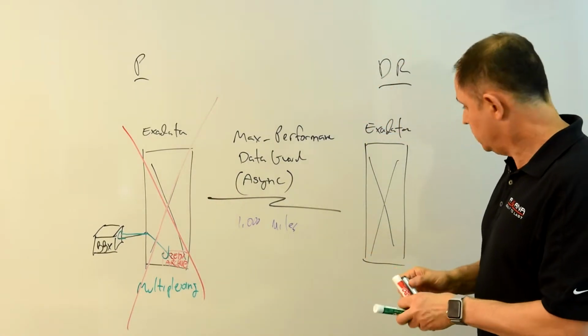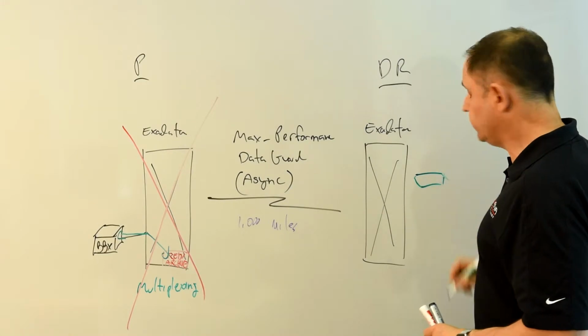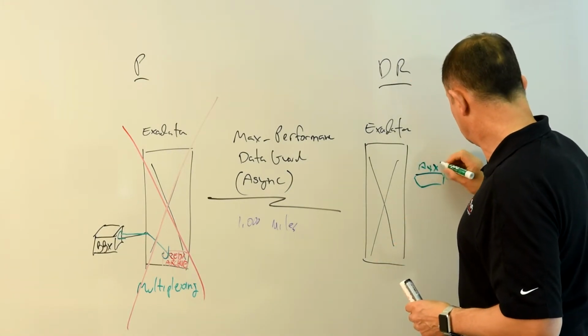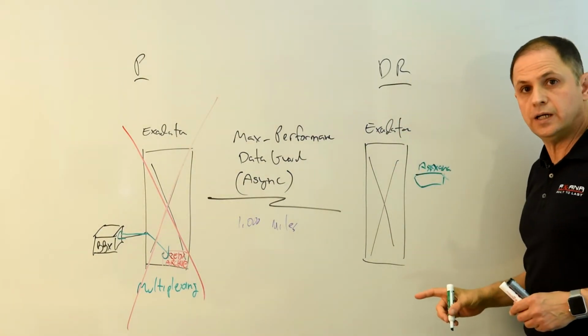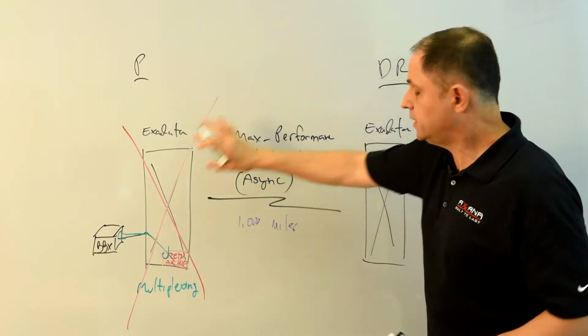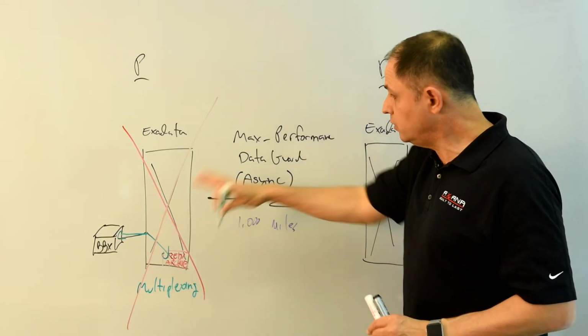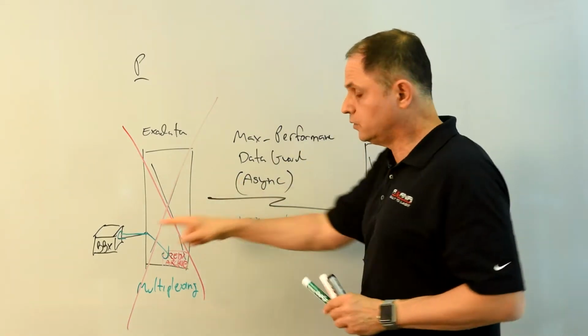Now, there's a piece of Axana software sitting somewhere, even on a virtual server, in the DR site that talks to the black box and is independent from this setup here. It is completely secure. It is over your own VPN communication, but it talks directly to the black box.